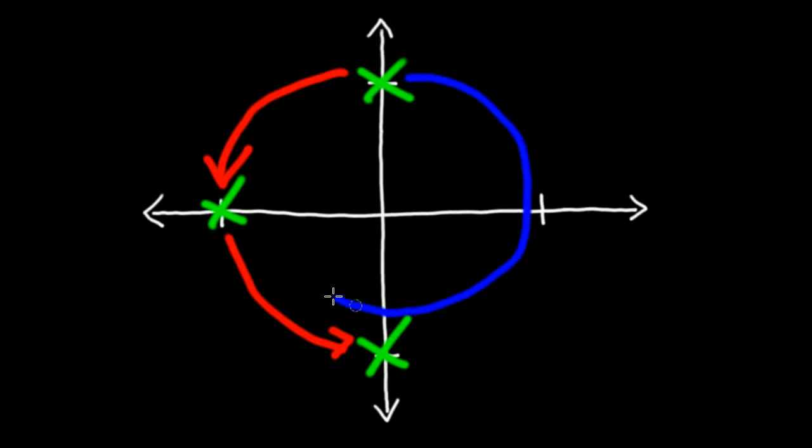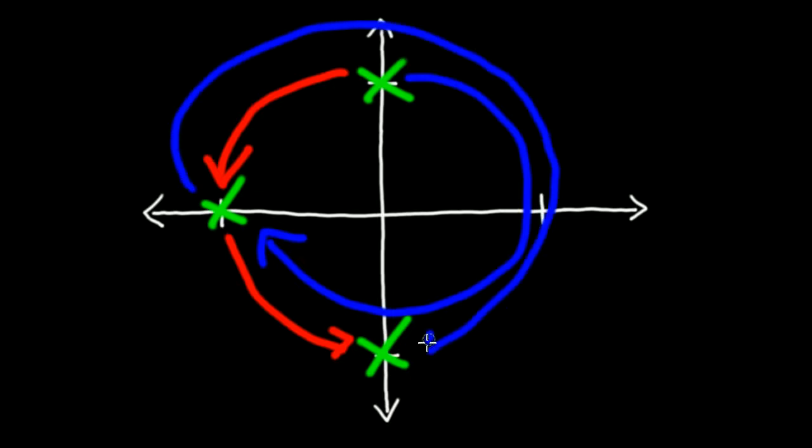Let's take another example. Let's say that we have a signal that starts here and then is here and then is here and so forth. Well, we could say that it progressed a quarter of a tau, a quarter of a turn, and then another quarter of a turn. Or we could say that it progressed negative 3/4 of a turn, and then from there it progressed negative 3/4 of a turn.